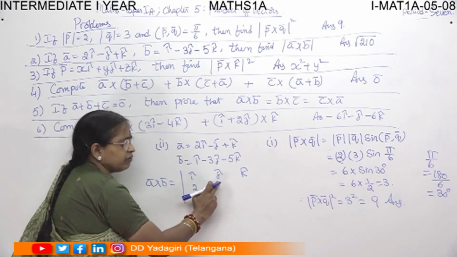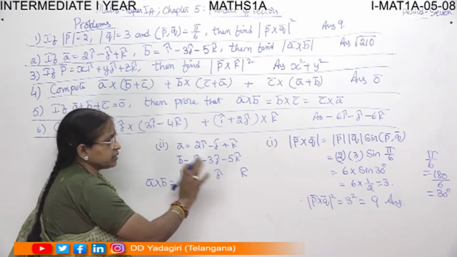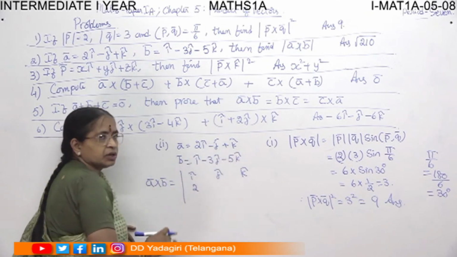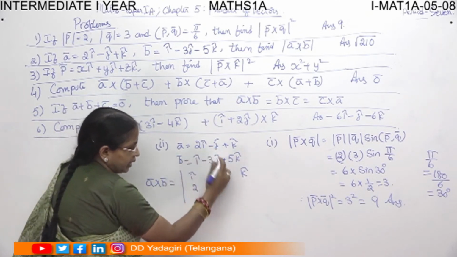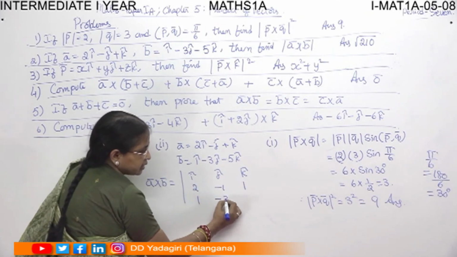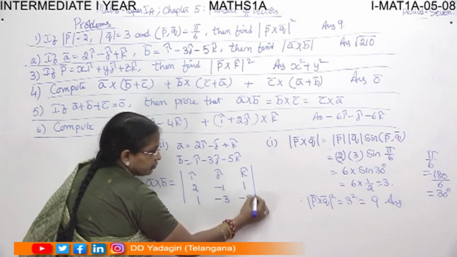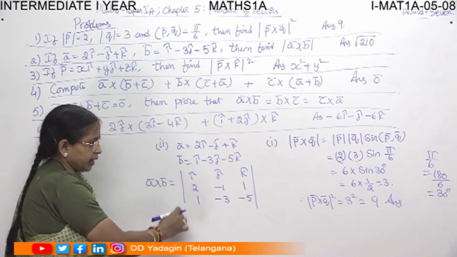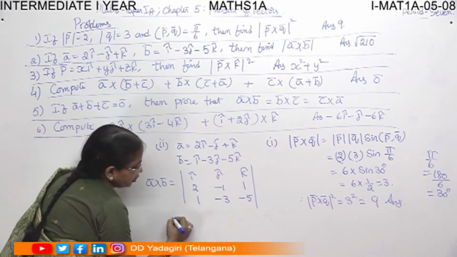First row is always IJK. So 2 minus 1 and then 1, and then 1 minus 3 minus 5. So first write the determinant matrix like this. Next you write like this.